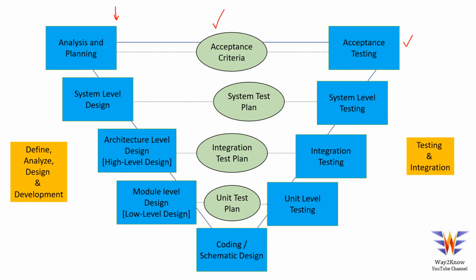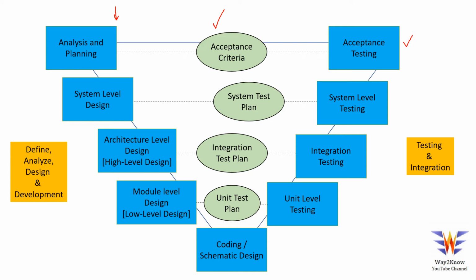So that is defined at the analysis and planning phase itself. It helps us because we know what needs to be in the system, what needs to be tested, and what the acceptance criteria are for the product to qualify. So a very important inclusion actually.